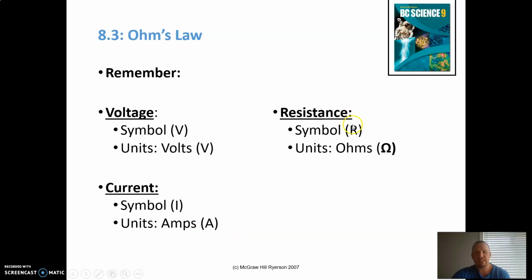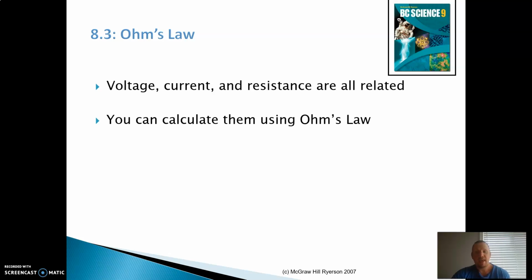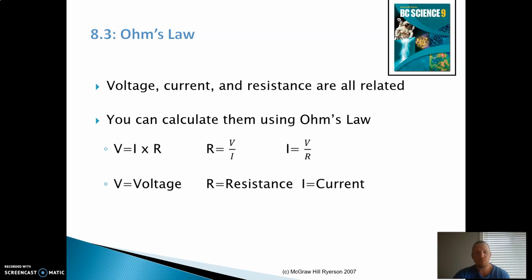The symbol for resistance is R and the units are ohms. Like I just mentioned, they're all related, and you can calculate how changing one affects the other. If you're given two values, like the resistance and the current, you could calculate the voltage using Ohm's law.